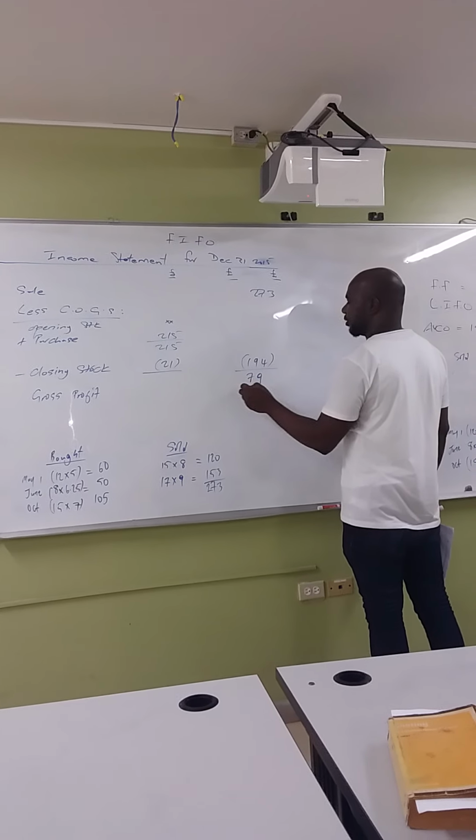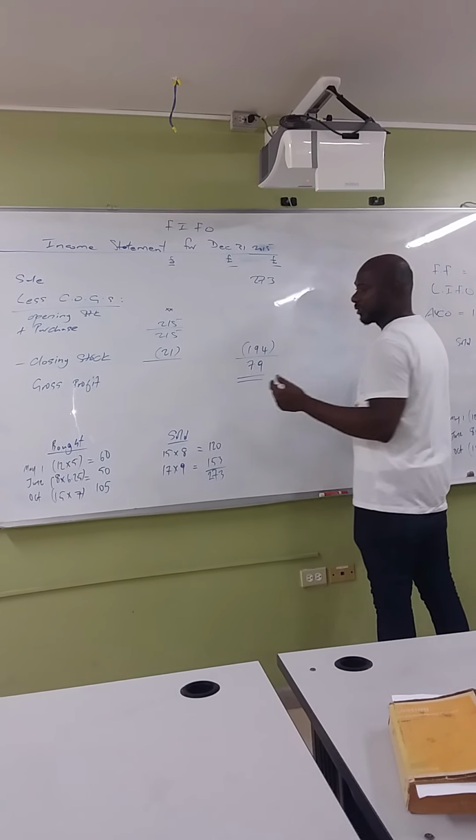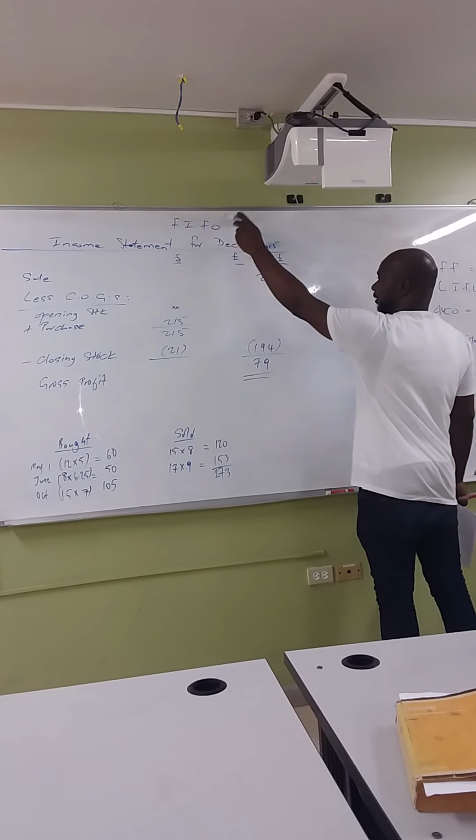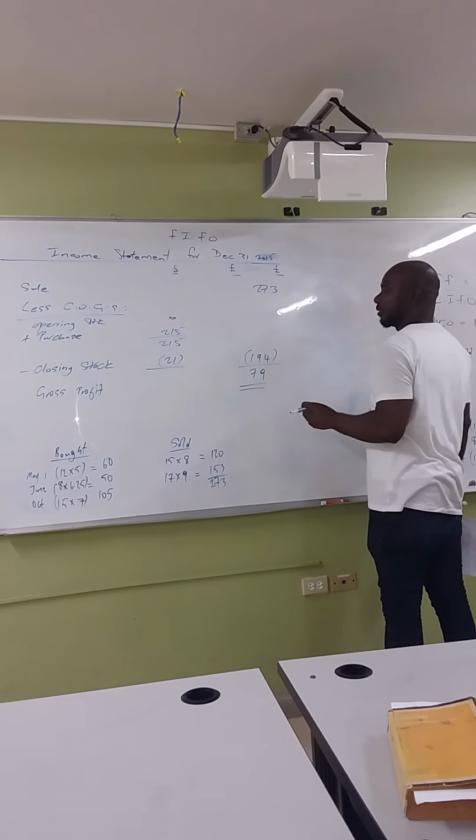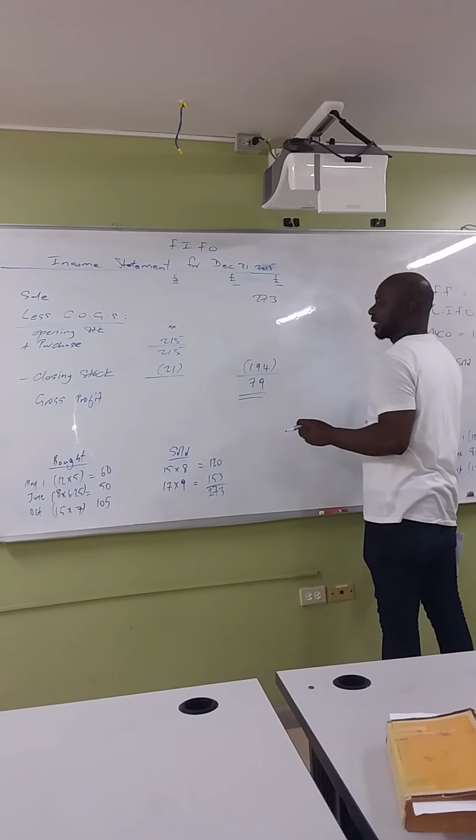Now if that is so, your gross profit using the first in, first out method, well, of course you can double check, would have been 79.